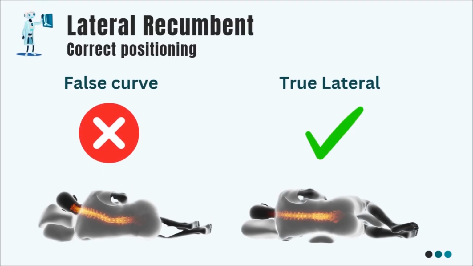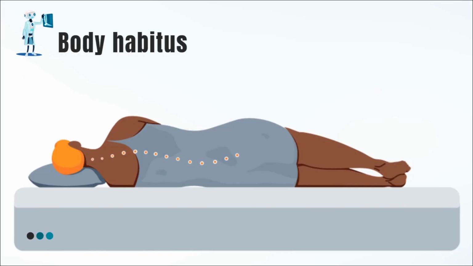So again, in case you are doing the projection, make sure you're putting the proper support on the head and also underneath the waist. You need to position the patient in a way that the spine is as straight as possible, not like the left picture, okay? So it's highly dependent also on the patient body habitus.